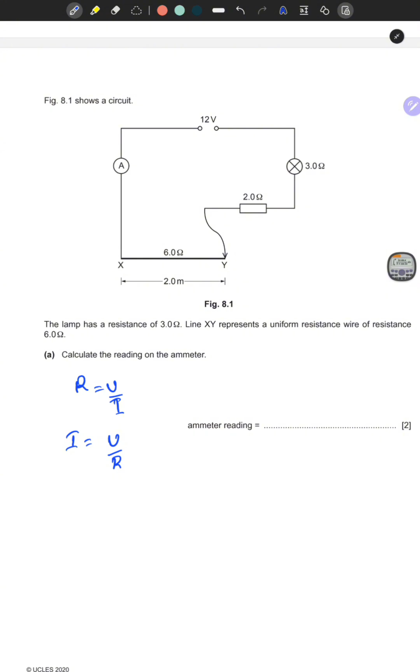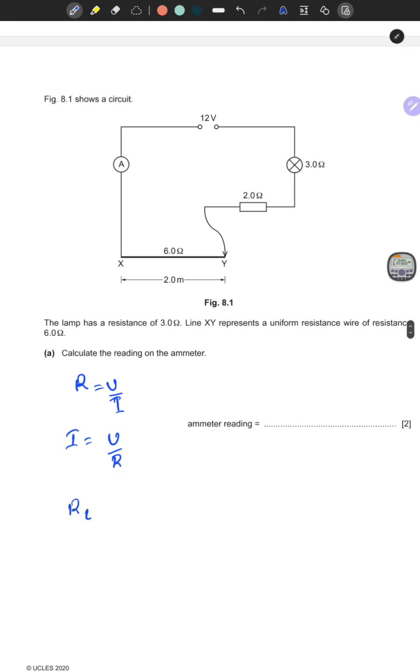Finding the total resistance in a series connection is easy, since R total will be equal to R1 plus R2 plus R3 and so on until, let's say, we have RZ there.